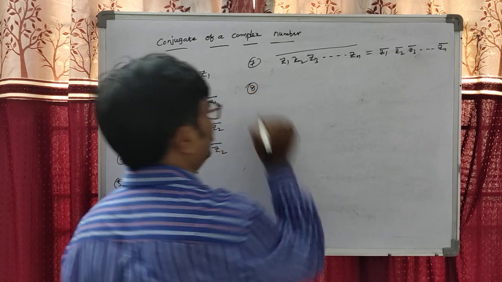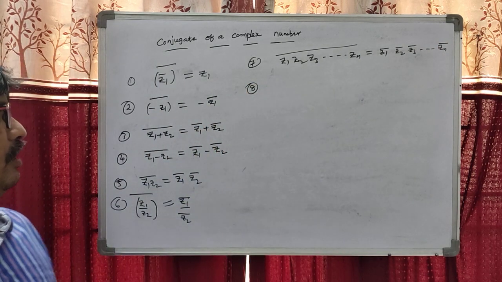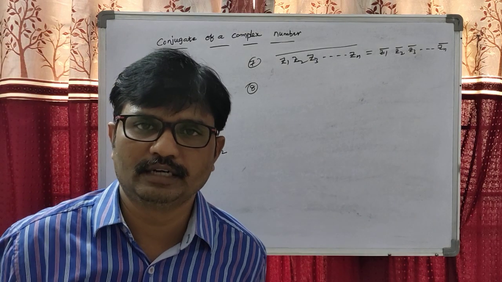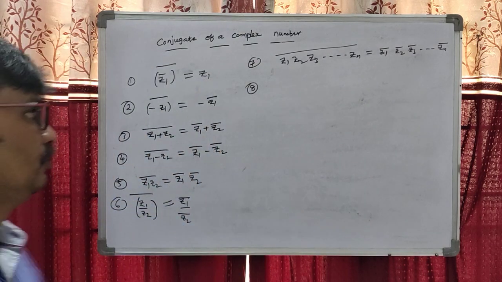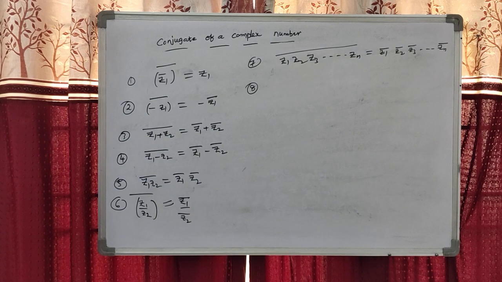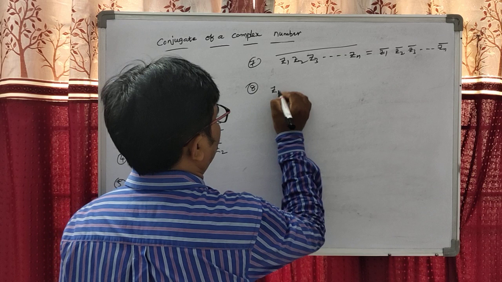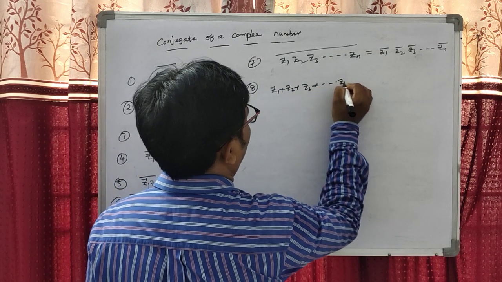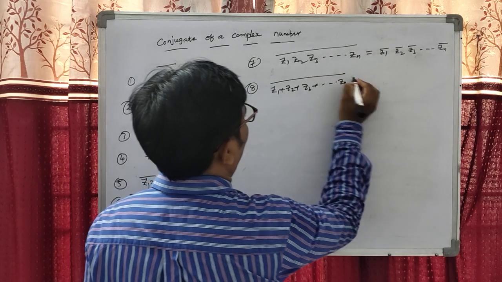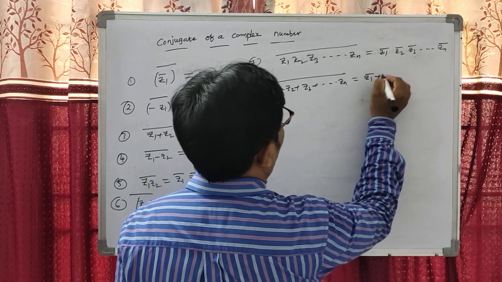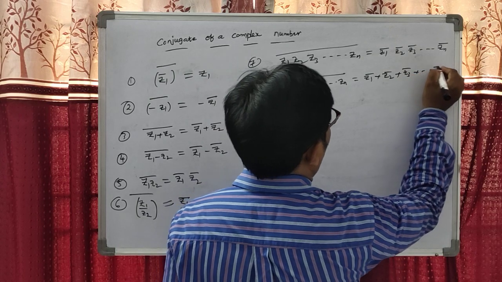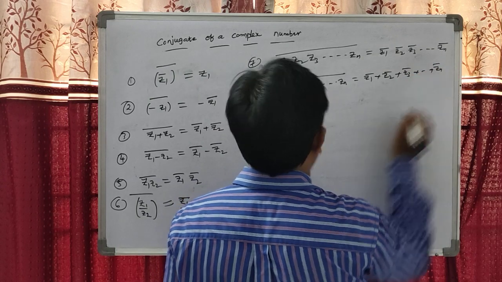Are you understanding, students? And the eighth property is (z1 plus z2 plus z3 and so on up to zn) whole bar, which is z1 bar plus z2 bar plus z3 bar and so on up to zn bar.